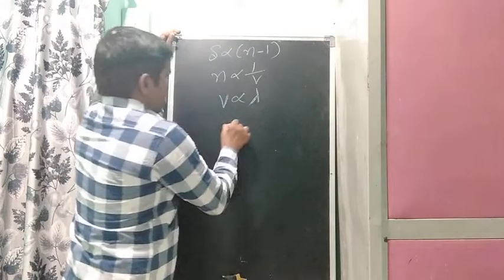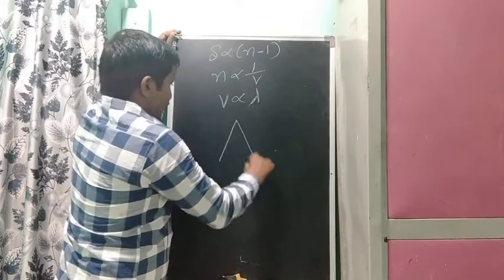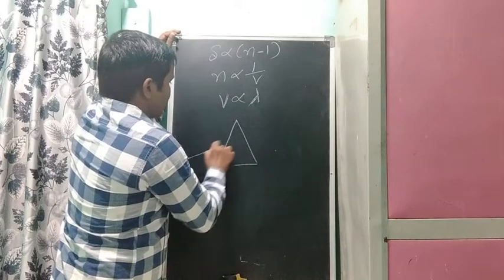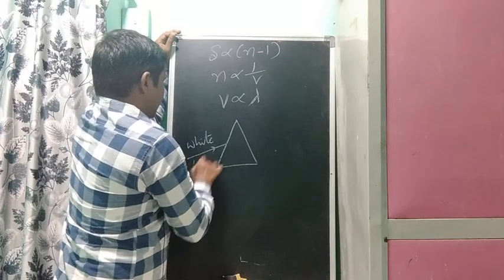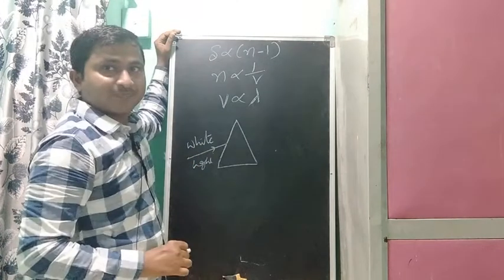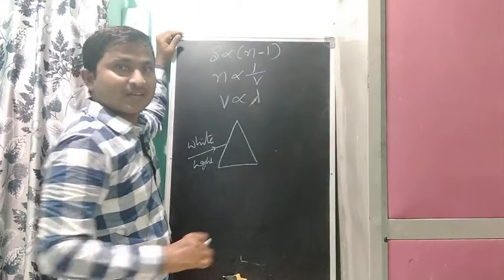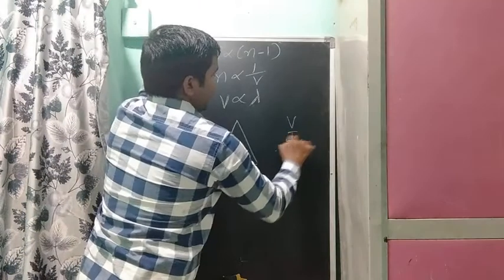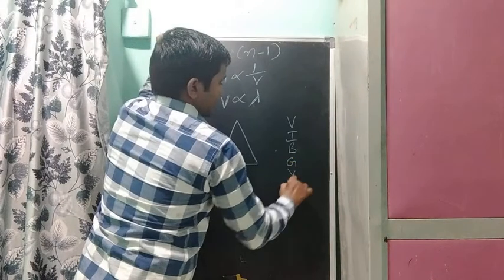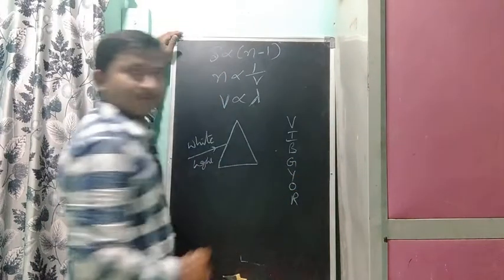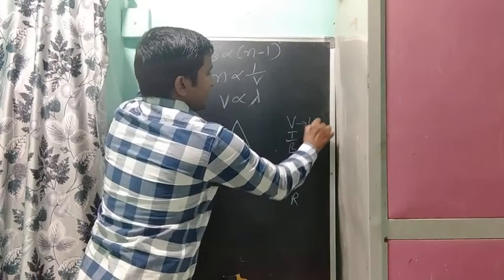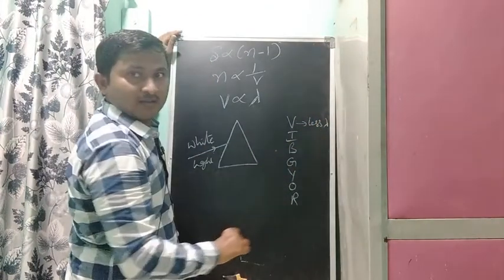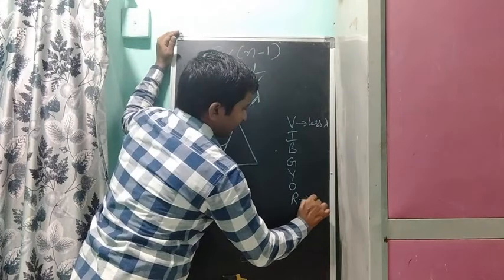And here, when white light is allowed to pass through the prism, we know that white light is a combination of 7 colors: violet, indigo, blue, green, yellow, orange, red. Among these, violet has less wavelength and red has more wavelength.